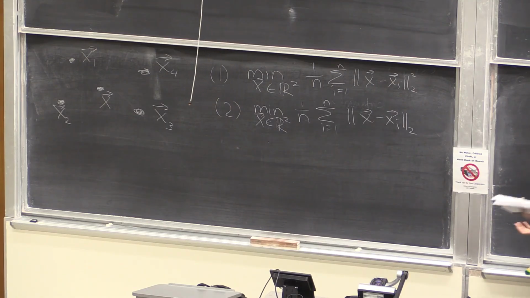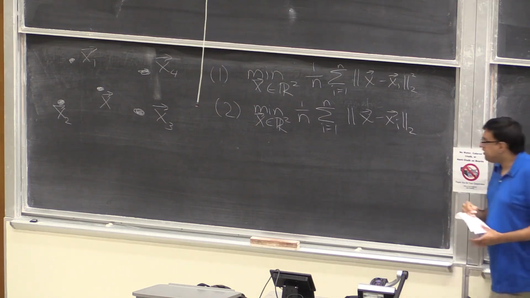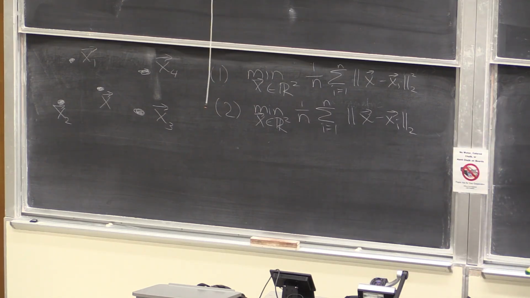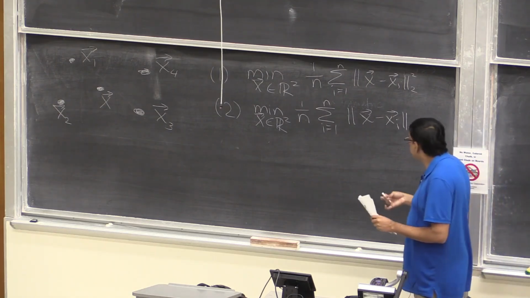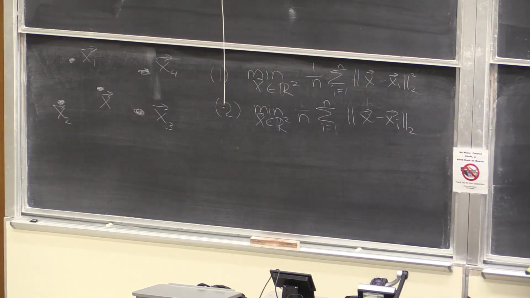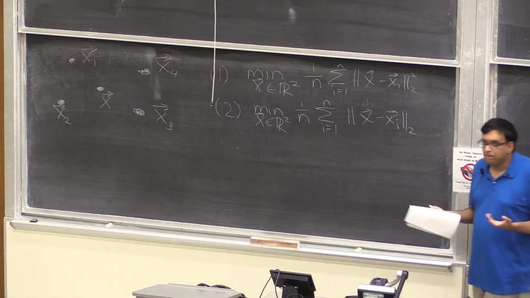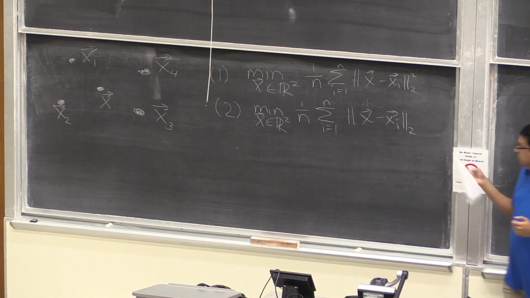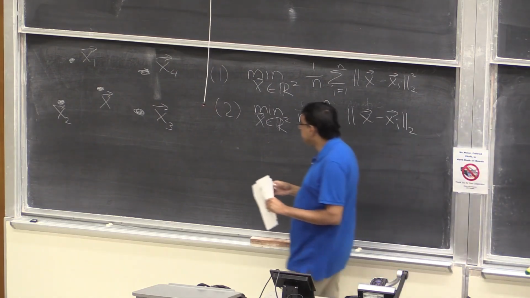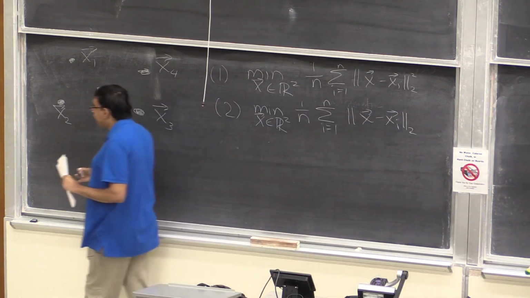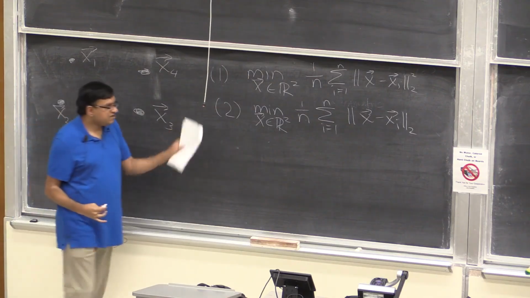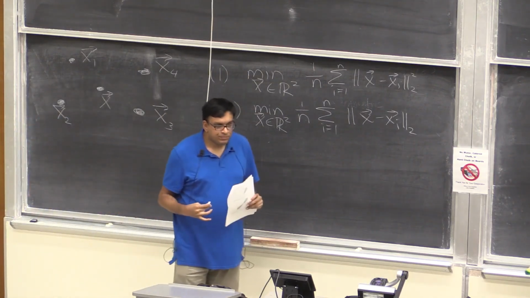But if there's more than one, this second one is not a quadratic function. It's a sum of square roots of some things, because the 2 norm is a square root of something. This is not quadratic. So because it's not quadratic, this problem is not a QP, not a quadratic program, therefore not a linear program. But we're going to show later on in this lecture how exactly to solve this problem by casting it to a second order cone program.